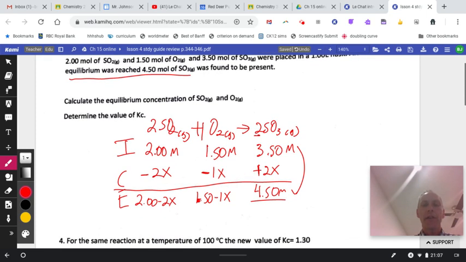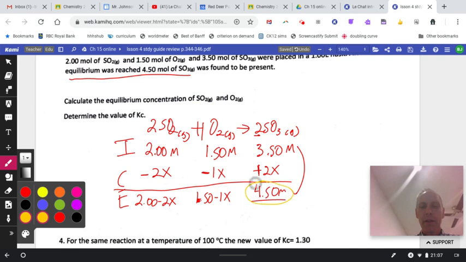Okay, so now we just need to solve for x, and we have it right here. We know that if we add up 3.50 plus 2x, that adds up to 4.50. So rearrange and solve algebraically, and we find out that x is 0.50.